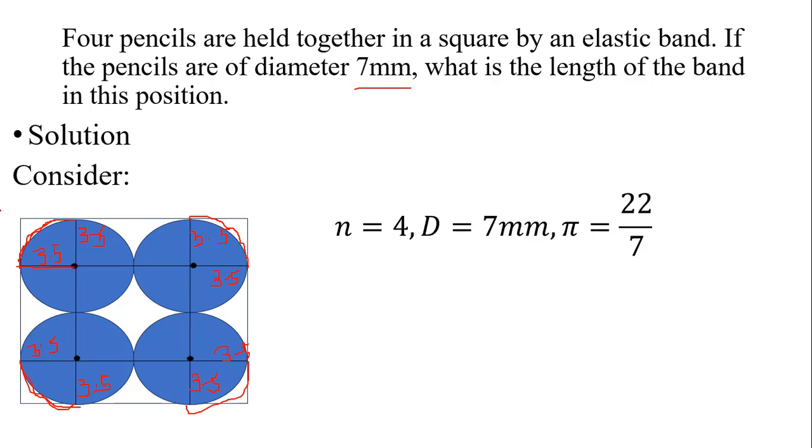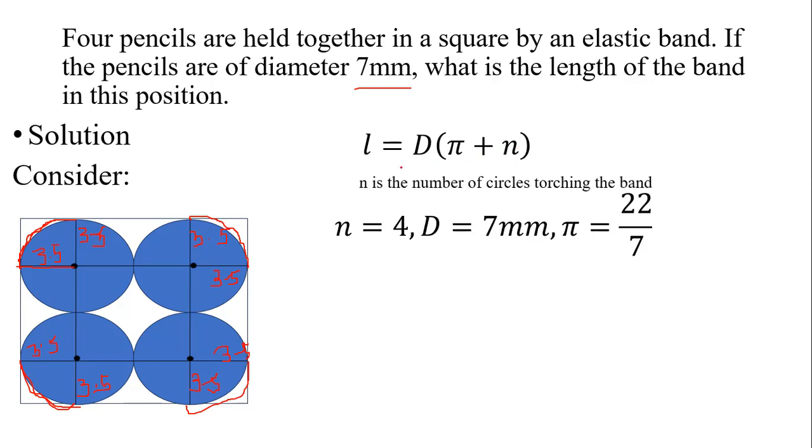The formula says that the length of the band L equals d times pi plus n, where n is the number of circles touching the band. I'm having 1, 2, 3, 4 circles touching the band.